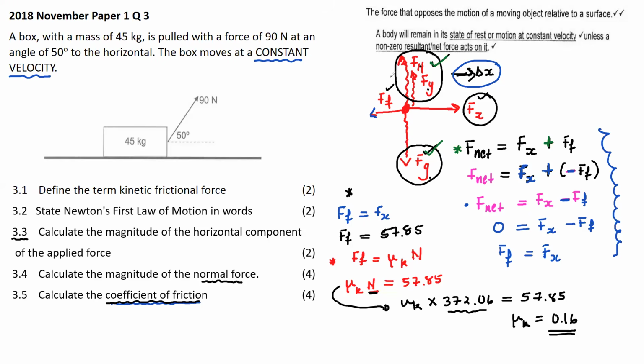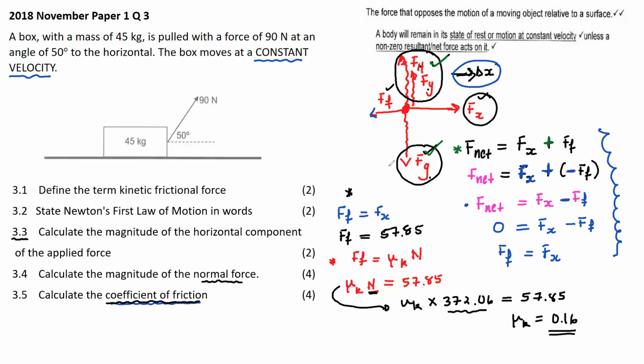That's why I never want my students to memorize a situation, because the situations can come differently. We need to get the concept. The reason why Fx is equal to Ff is because these are the only two horizontal forces available, the object is moving at constant velocity, and the vertical forces cancel each other out. So therefore, Fx is Ff.